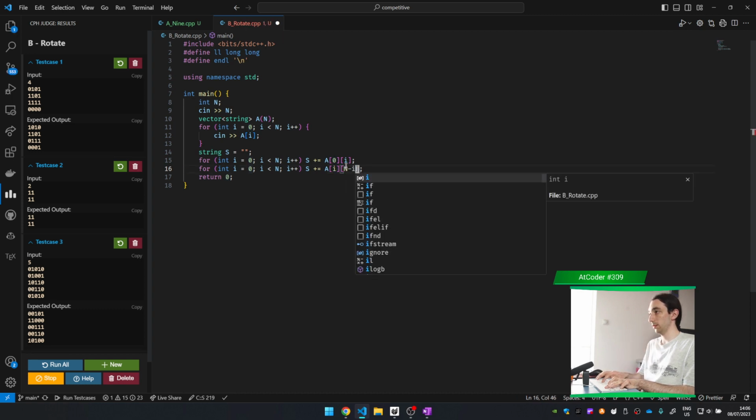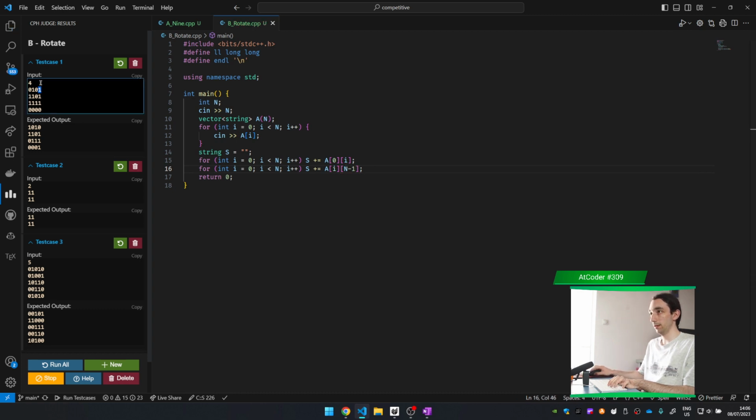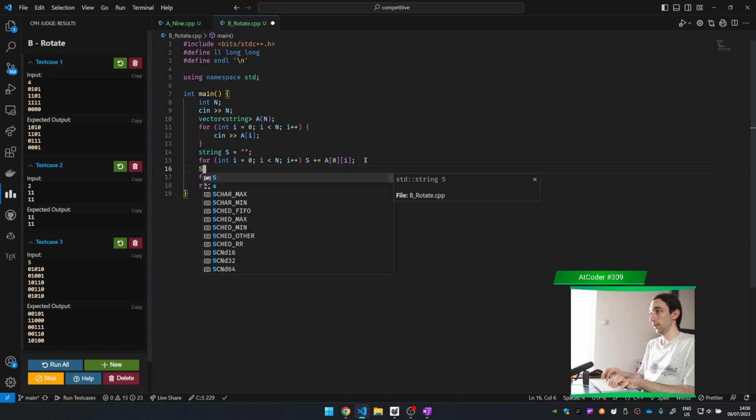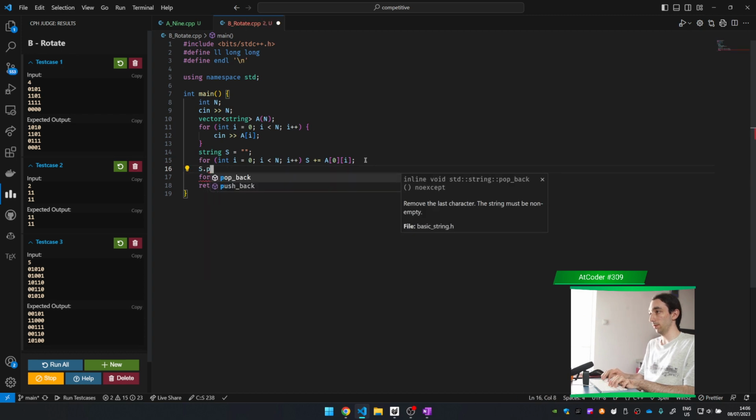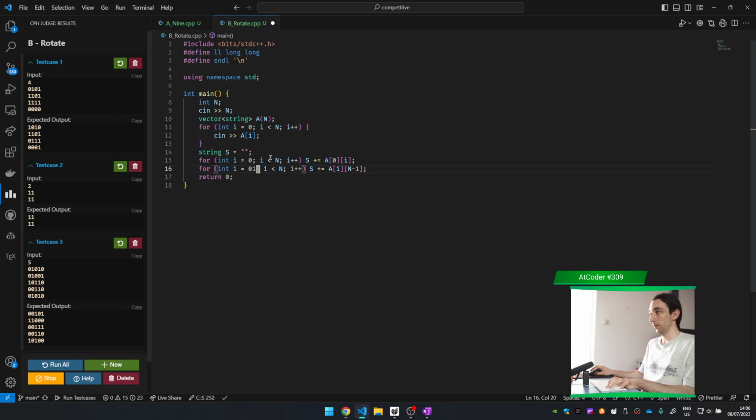so the i is here, then this is n-1, this is the last column, but we repeat this here, so we need to pop back this, or I will just start from 1 here. Then I would go here and I will say, okay, now we need to start from n-2 down to 0.